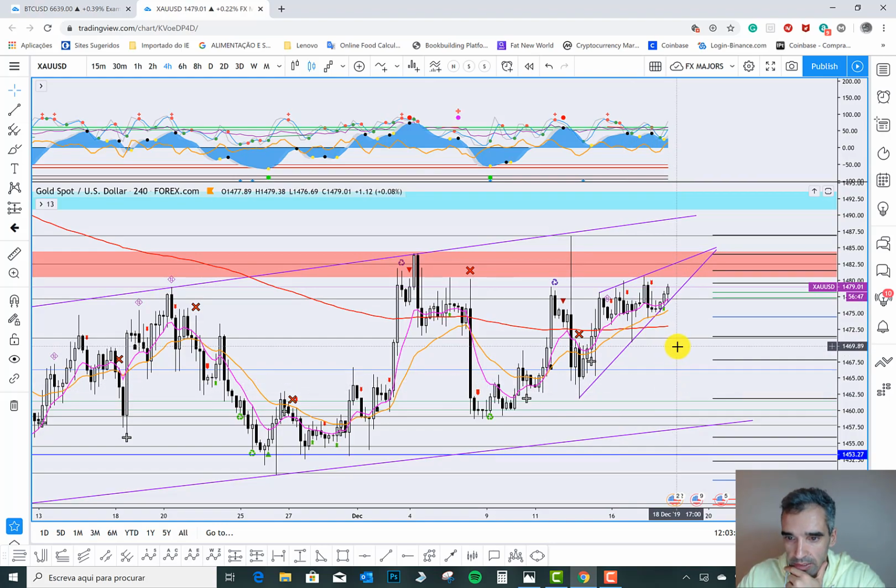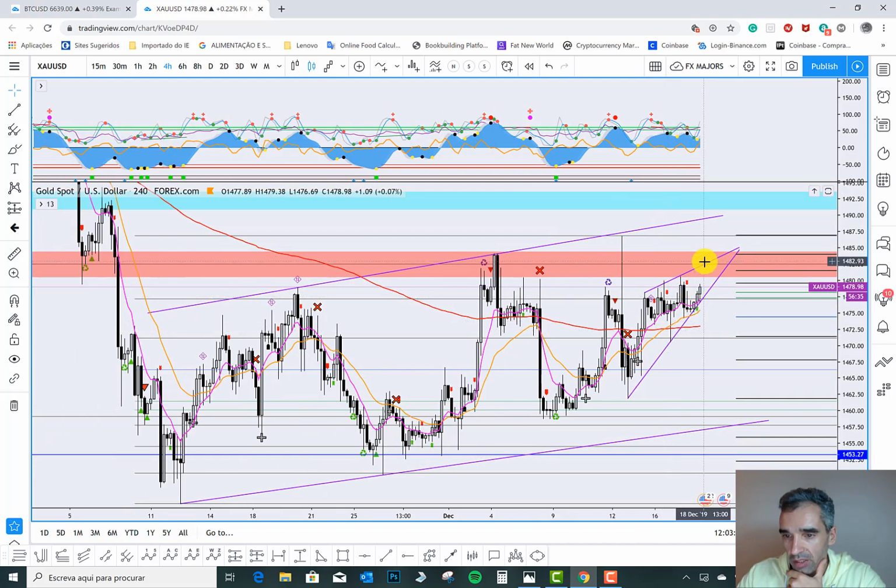Simple buy and sell signals, waiting for this one to show another signal somewhere around here, and then bring it to the downside again, probably, or ending up this wedge, finishing up around these levels here, and then moving down.